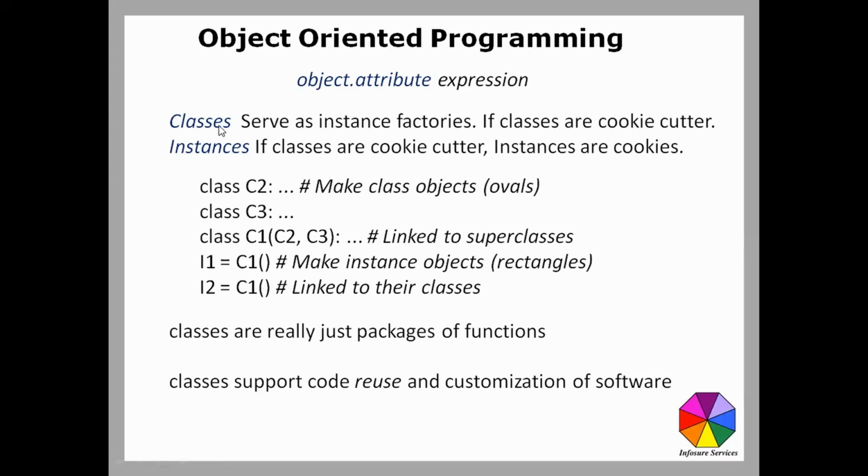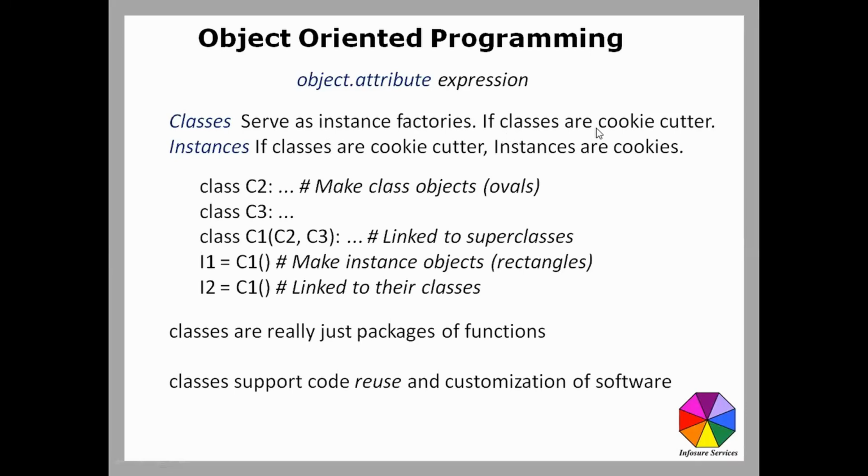The class is like a factory where they can create multiple cars. So let's take a car factory. There are multiple cars coming out of that car factory. So the factory itself is like a class. So they are serving as instance factories. That means they're serving as factories for that car, right? Each car is different.